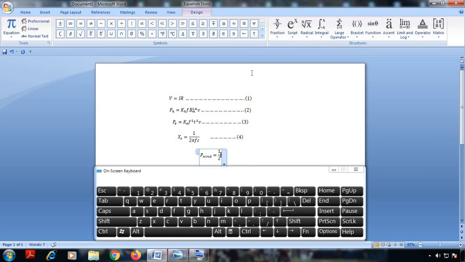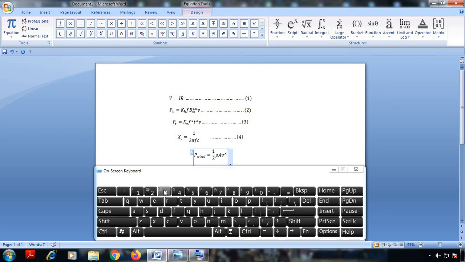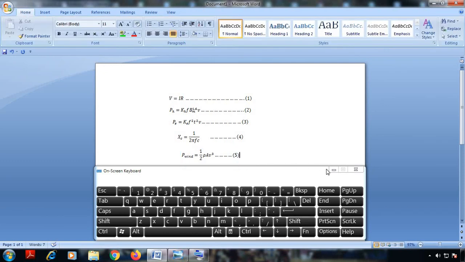For rho, again, I don't want to make use of these symbols. I want to make use of my previous technique, that is slash and rho. Here it is. So that is as simple as that. Half rho A V, and I want it as V raised to 3. So I'll make use of the superscript and space. And this is the formula. This is the way you can directly write those formulas in equation editor.